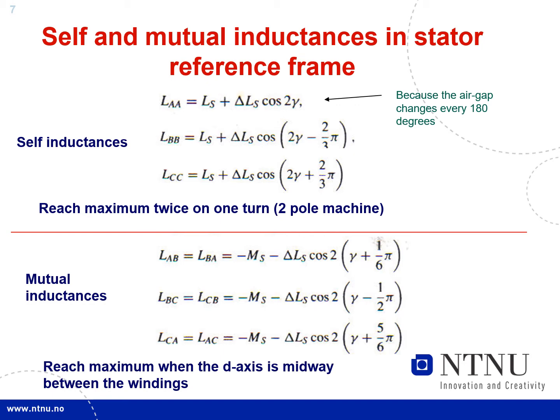And the mutual inductances between the stator windings, for example the flux linkage set up by the current in stator winding B on the flux linkage in winding number A, have the same structure but with a different starting angle.